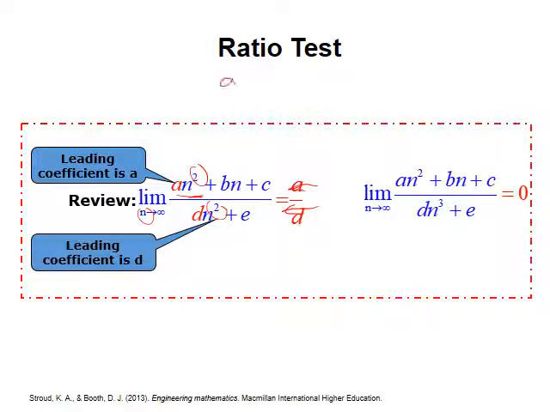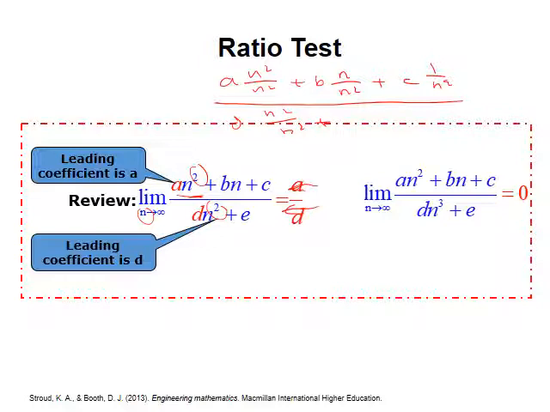It means a n squared over n squared plus b n over n squared plus c over n squared, because we are dividing, over d n squared over n squared plus e over n squared.